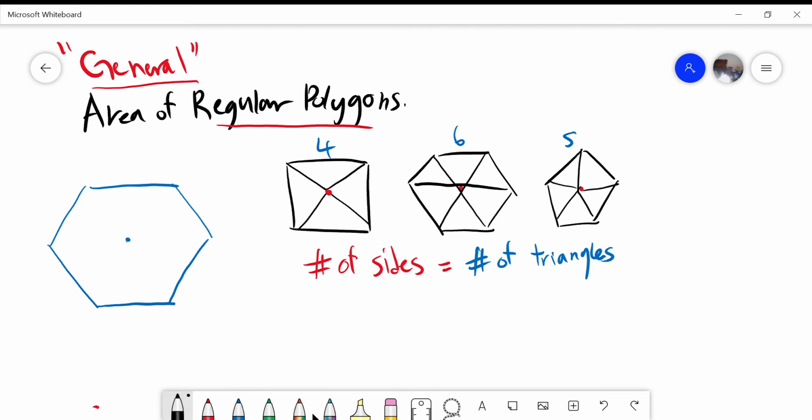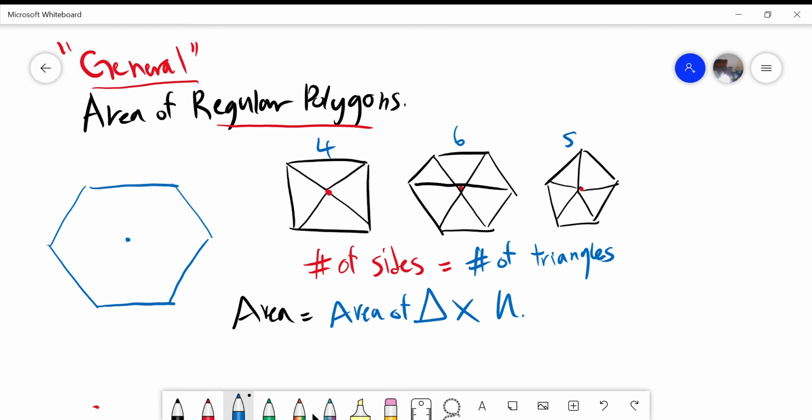So we can establish the following. The area has to equal the area of one of the triangles times the number of sides, which we will call n.